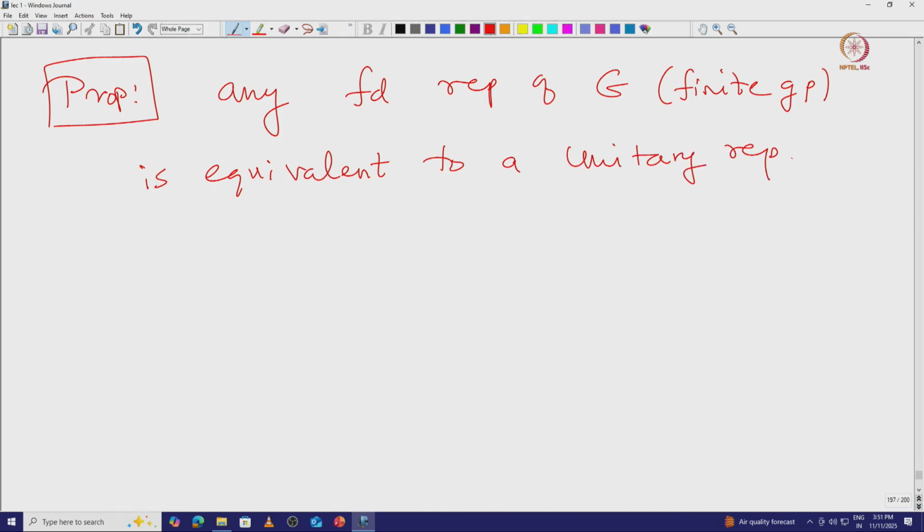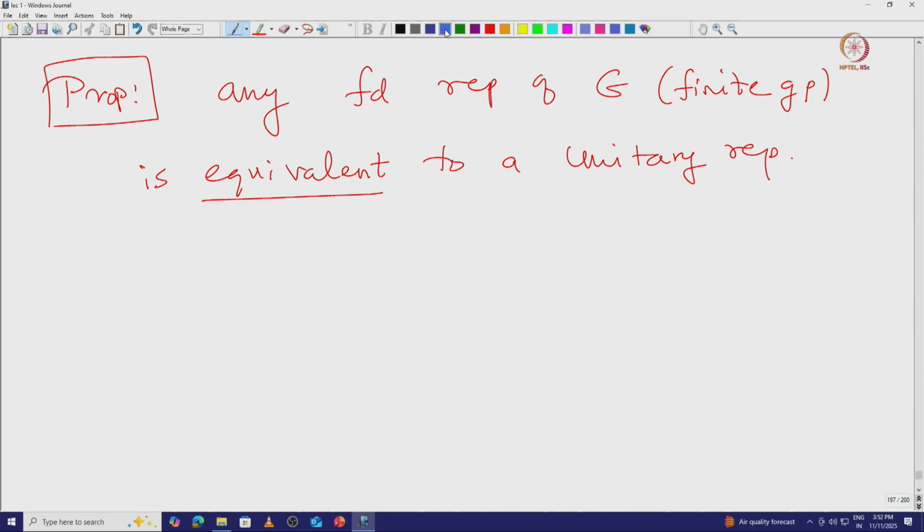And since a unitary representation is a direct sum of irreducible unitary representations, using the equivalence we will get that any finite dimensional representation is isomorphic to a direct sum of irreducible representations. Okay. So, that part I will leave it to you. So, now I will just check that any finite dimensional representation is equivalent to a unitary representation.